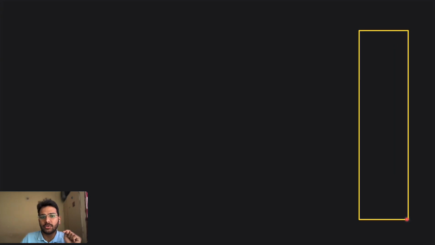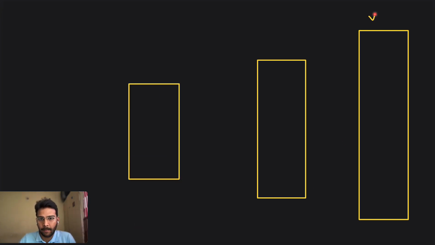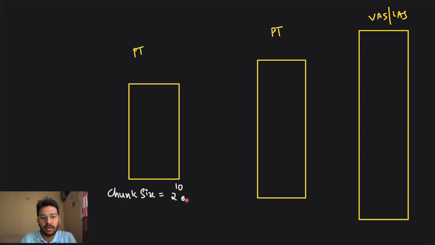Let me add one more slide here. So this is your virtual address space. This is the page table, the innermost page table, and this is the outermost page table. Now, I know that the chunk size here is 2 raised to the power 10 entries.